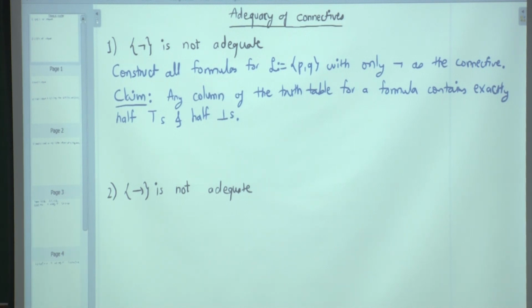Using induction. What is the base case for induction? P and Q, only the variables. And how many entries are there in a column? 4, because there are two variables, so 2 to the power 2, 4 entries. So the base case is P and Q. Try that.